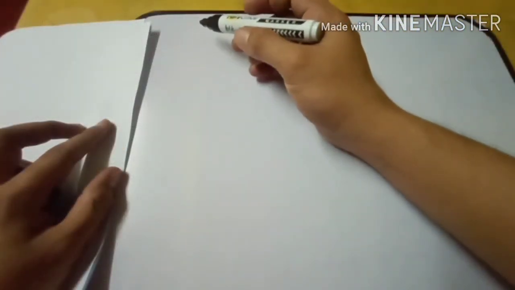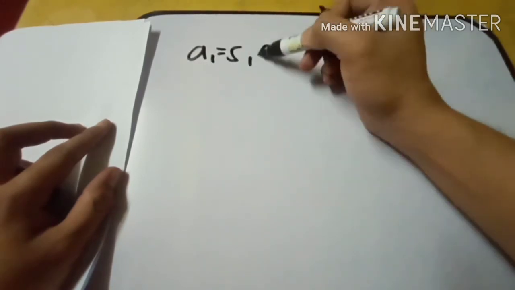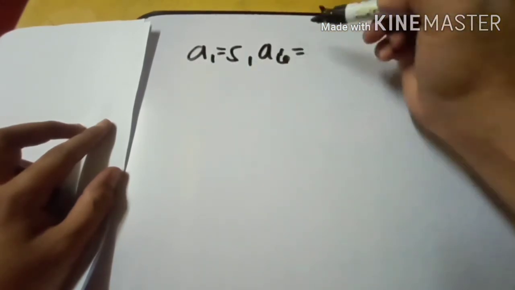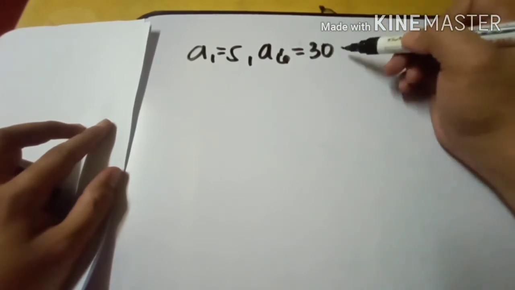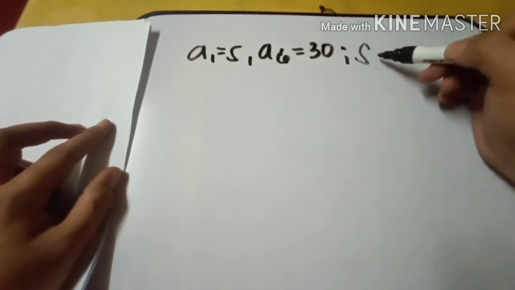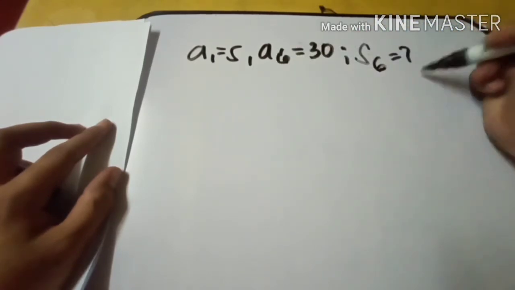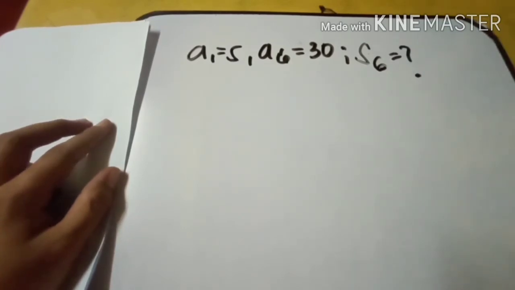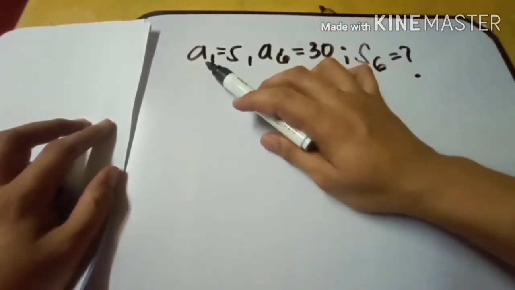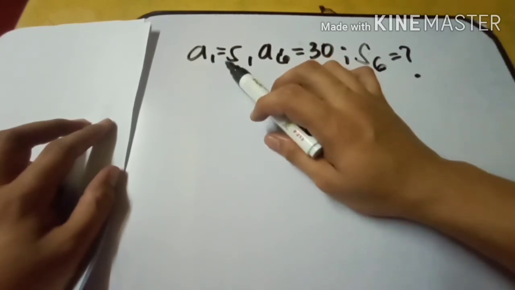Another example for an arithmetic series. Let's say our a sub 1 is 5 and our a sub 6 is, let's say, 30. And our task is to find the sum of the first 6 terms of this given sequence. So I already have the value of the first term, the a sub 1, which is given.